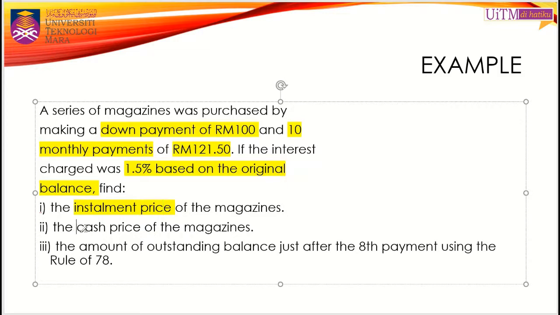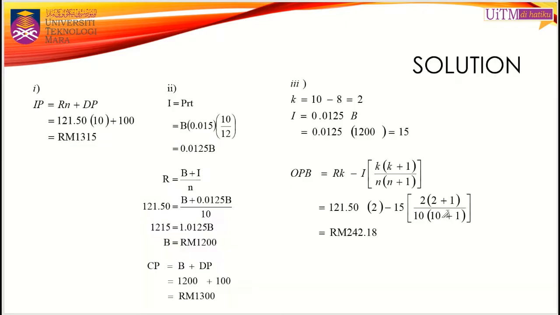Second, you have to find the cash price of the magazine, and lastly the outstanding balance just after you make the 8th payment. Remember here, your total number of payments is 10, so you have made 8 payments, and you are left with another 2 payments. So let's see how we can solve this problem.